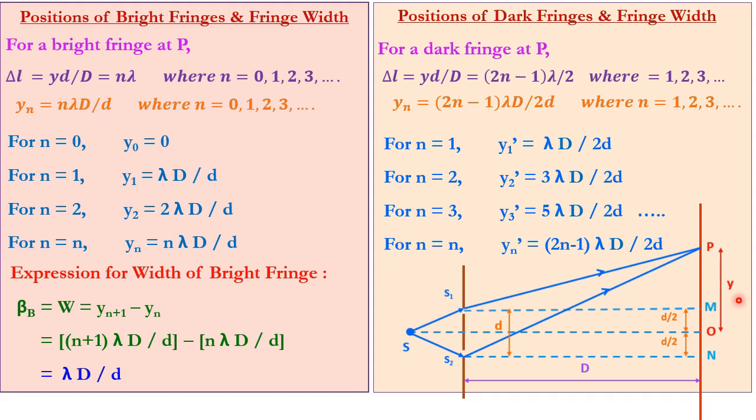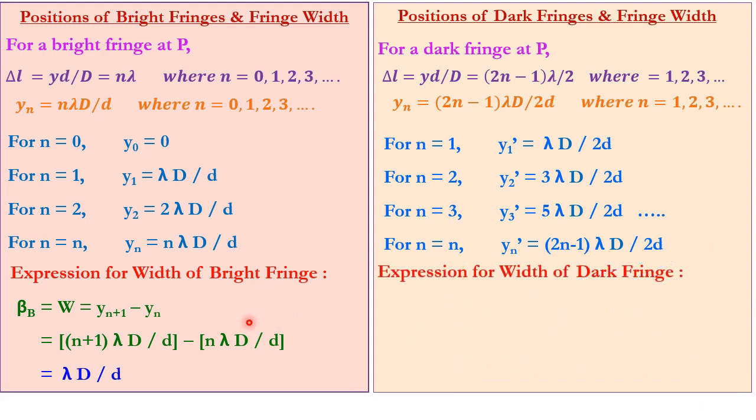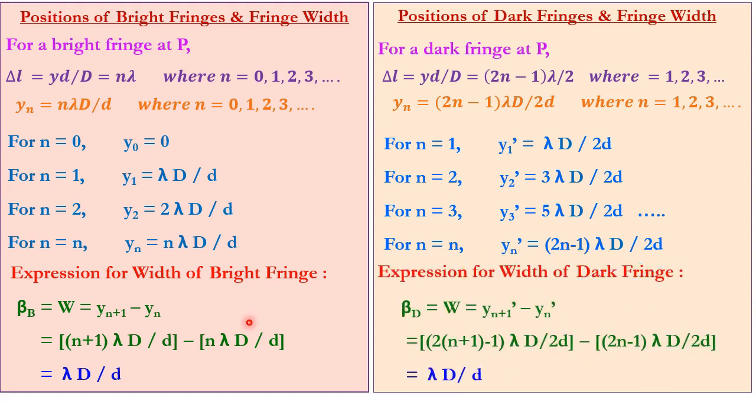Now from this, again I want to find out fringe width for dark fringe, and it is given by similar type of equation as we have discussed for bright fringe, and we get expression for fringe width as beta d, where d is representing dark. Again it is given by W, and that is equal to yn plus 1 dash minus yn dash.